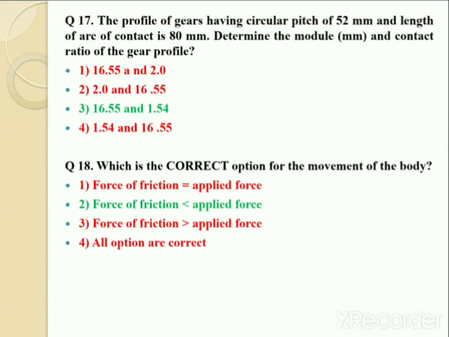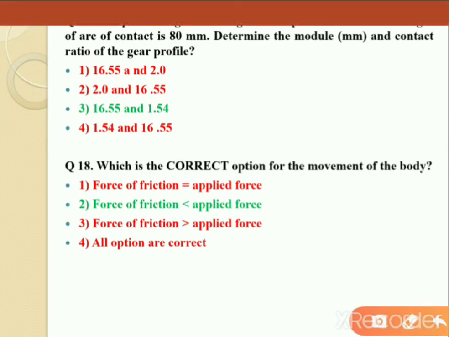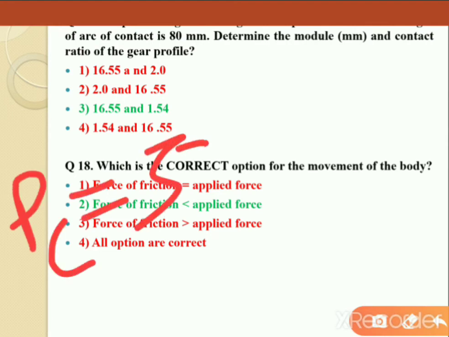The profile of a gear having circular pitch of 52 millimeter, length of arc of contact is 80 millimeter. Determine the module and the contact ratio for the gear profile. So here you can see PC is given, that is circular pitch, equal to 52 millimeter.